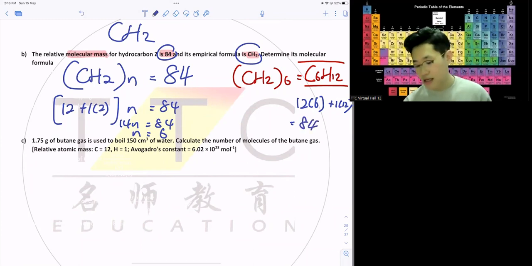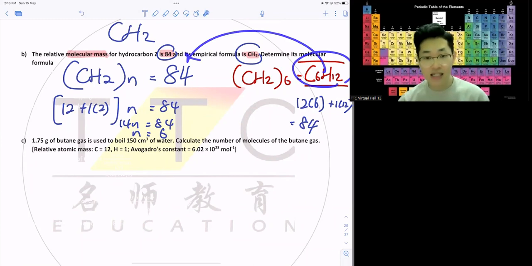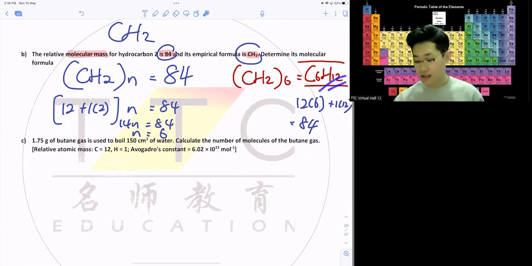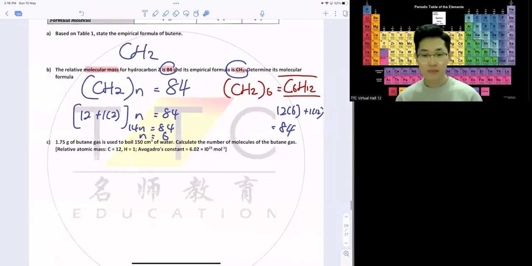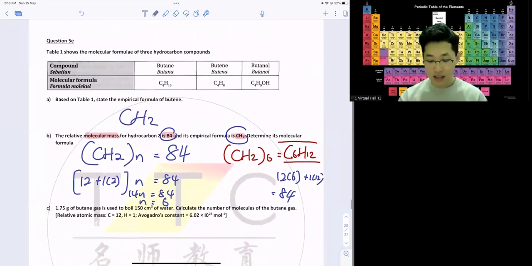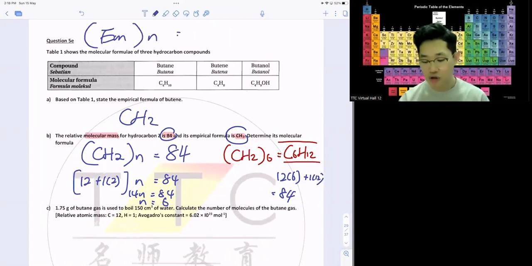You'll be getting back 84. So that means this formula and the mass is the same. Correct. Okay, so from empirical, you times a number, you'll be getting back the molecular formula.